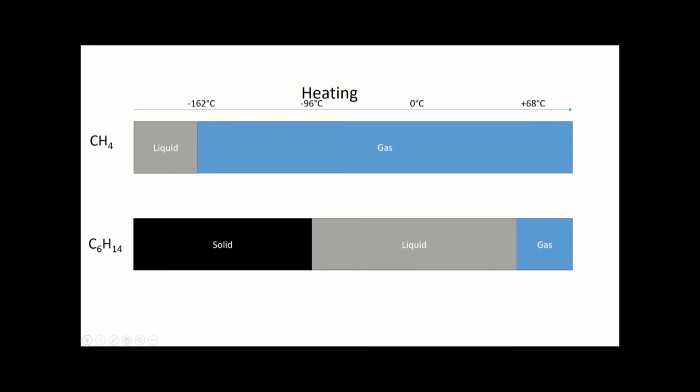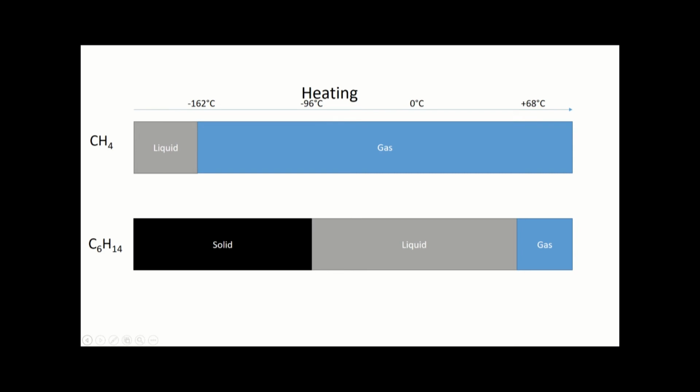So what does this tell us? This tells us that the strength of the intermolecular force is different. Now, intermolecular forces are weaker than bonds. So all intermolecular forces are pretty weak. However, the ones in methane compared to the ones in hexane are even weaker.